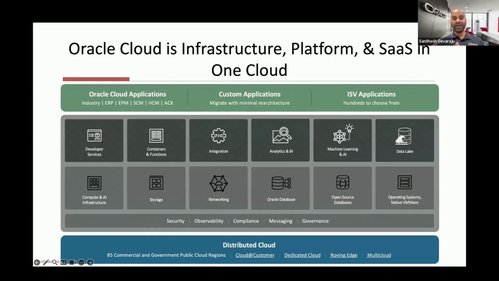So we have the end-to-end stack, which can help you from the industry applications, whether it is your Cloud Fusion applications, which could be ERP, EPM, SCM, HCM. These are all the SaaS applications, which are hosted in the public cloud regions and can be consumed with a few clicks. At the same time, you also have capabilities for you to deploy anything to do with your traditional applications or the modern applications, which require serverless or container kind of environments.